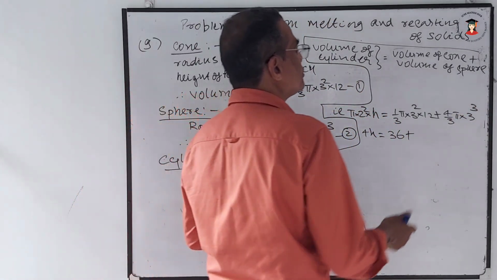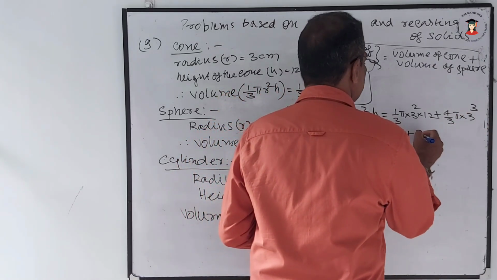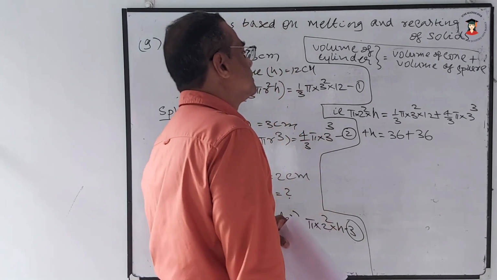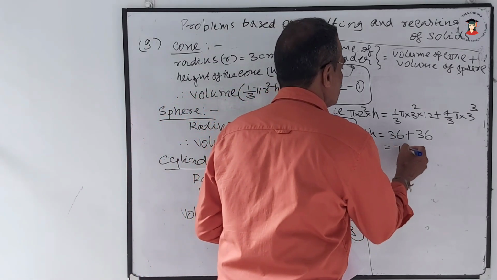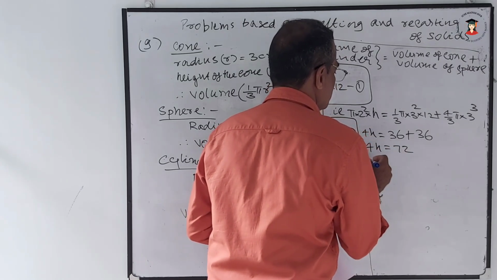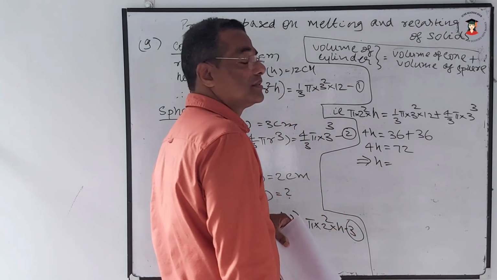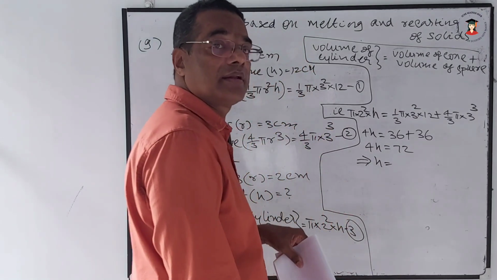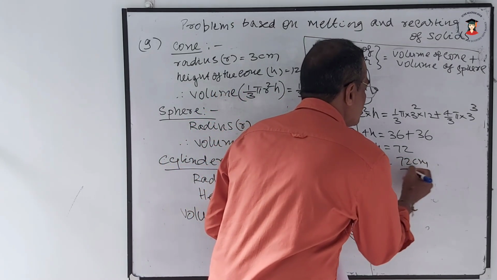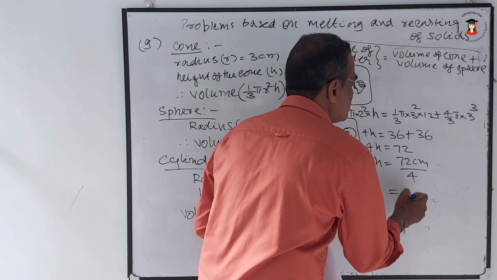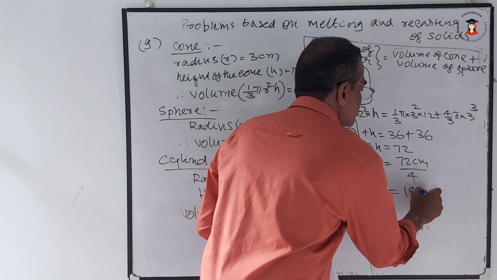So 4 into 3 square is 9. 9 into 4, that is again 36. So this is equal to 72. That is 4h is equal to 72, which implies h, the height of the cylinder so formed after melting the cone and sphere, will be equal to 72 centimeter divided by 4. That will be equal to 18 centimeter.